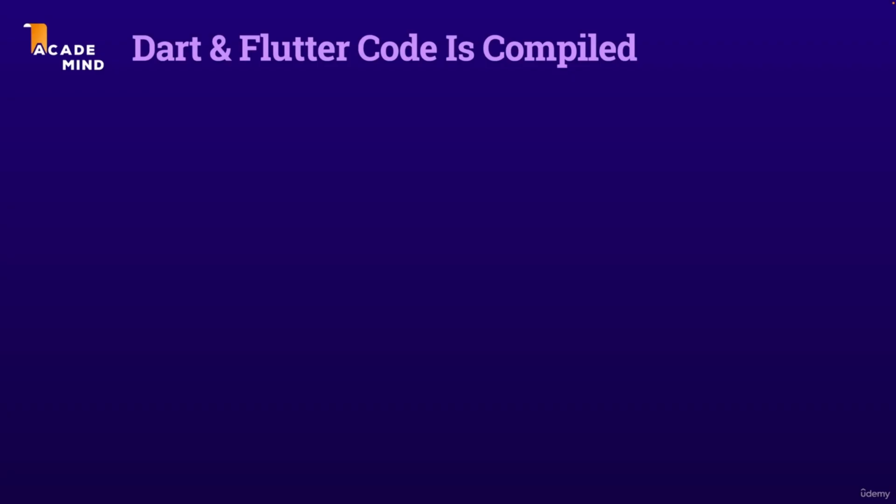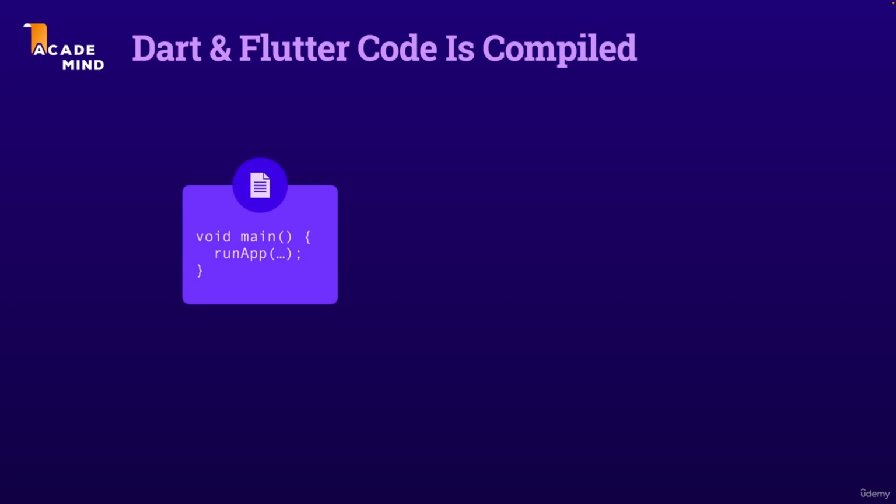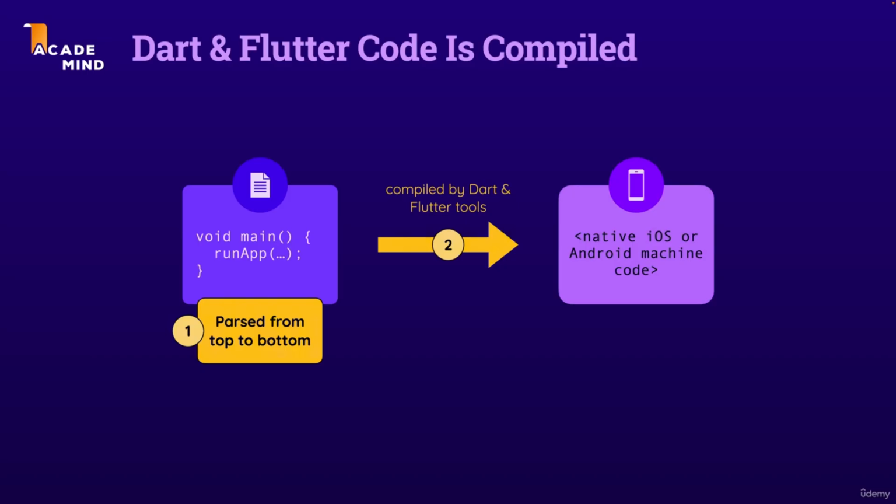Now, of course, you in this section learned that technically this Dart code which you write in that main.dart file and in the other Dart files is not executed like this when the app starts on a device, but instead after development, when preparing it for publishing, Dart parses your code files from top to bottom and then compiles that code to native iOS or Android machine code, and it's that machine code that's then shipped to those devices, so that's then in the end installed from the app stores, for example, and it's therefore that compiled code that is in the end executed on those devices.